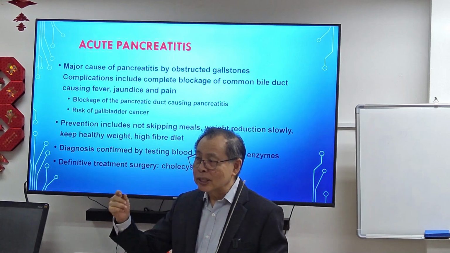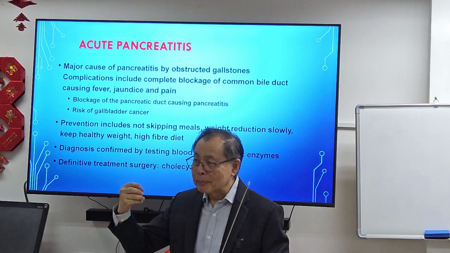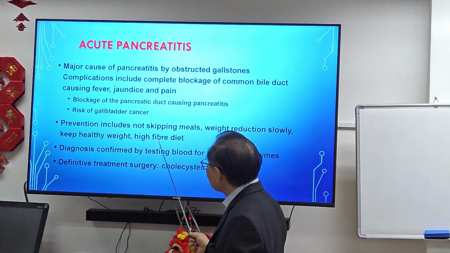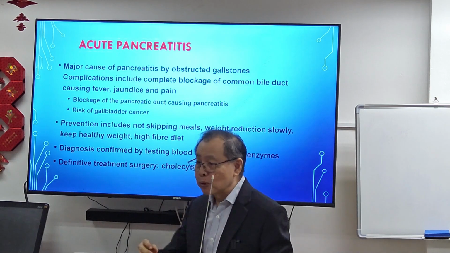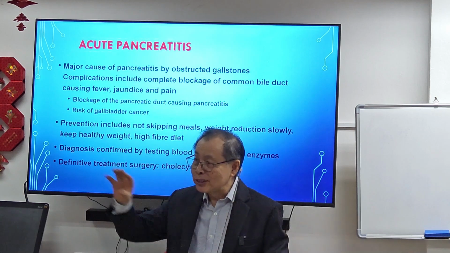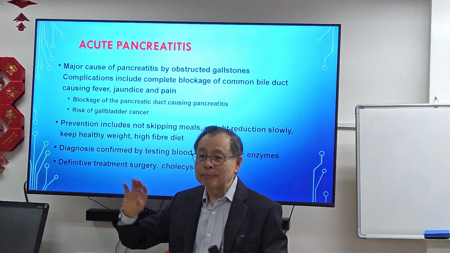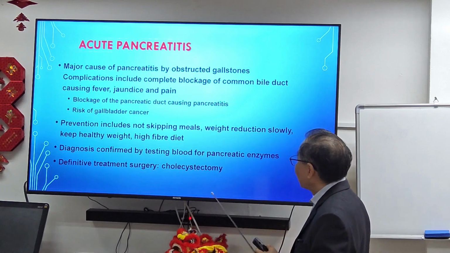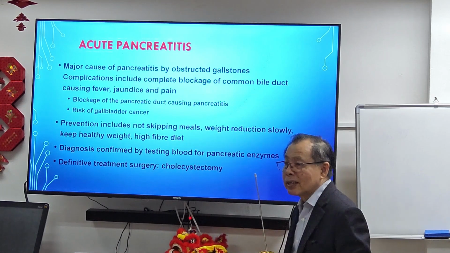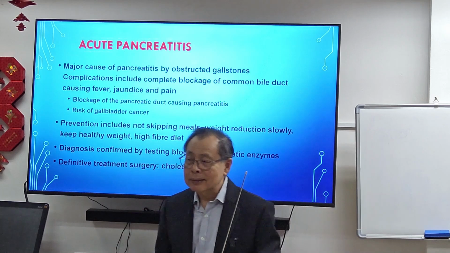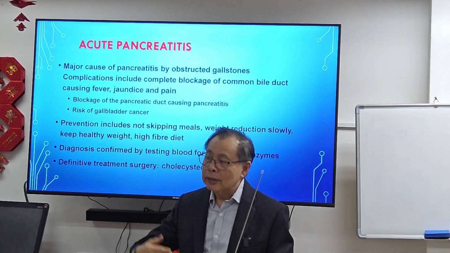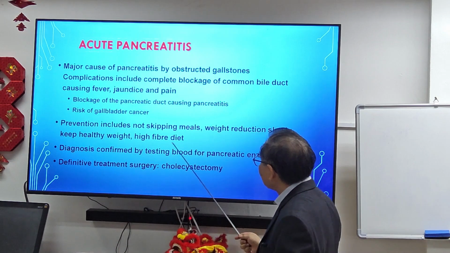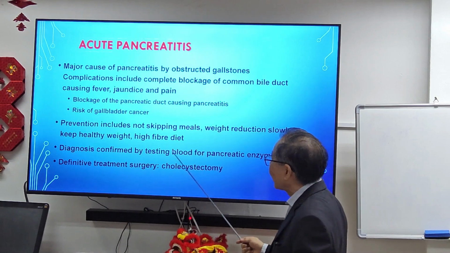Because when there's blockage, when there's inflamed pancreas, all the enzymes that are produced by the pancreas will be in the bloodstream. Once these enzymes are in the bloodstream, definite pancreatitis. Another cause of pancreatitis, which is not here, is alcoholism. If you drink too much excessive alcohol, it can cause pancreatitis. And you test the blood for enzymes, it's there.